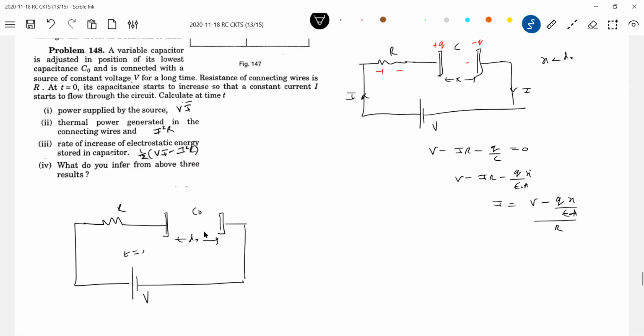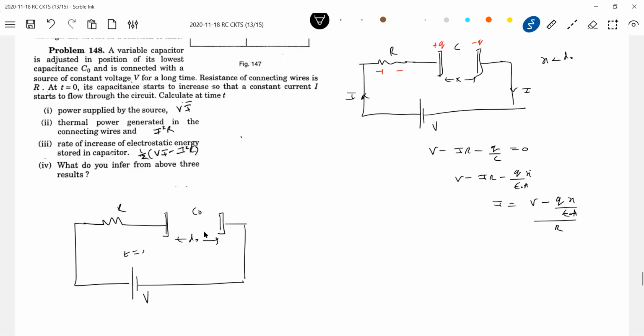Trying to guess a situation. Just assume that capacitance will increase, no? So for capacitance to increase, the separation of the plates should decrease here. Its capacitance starts to increase so that a current I starts to flow through the circuit.